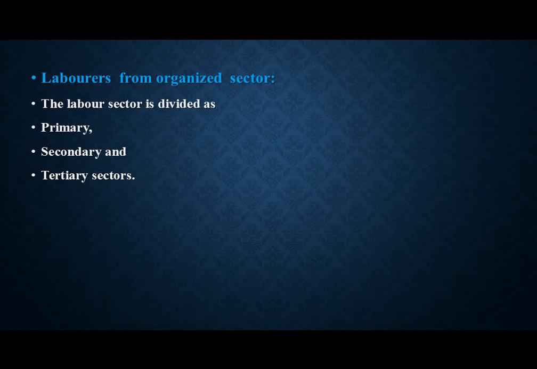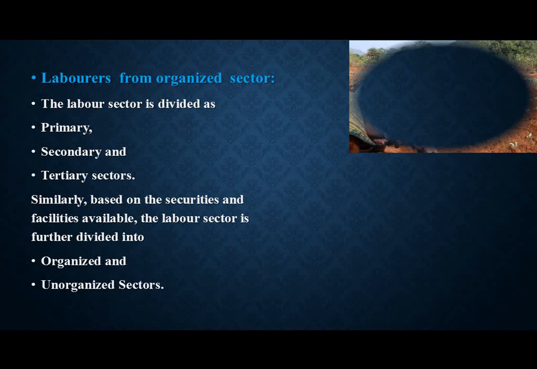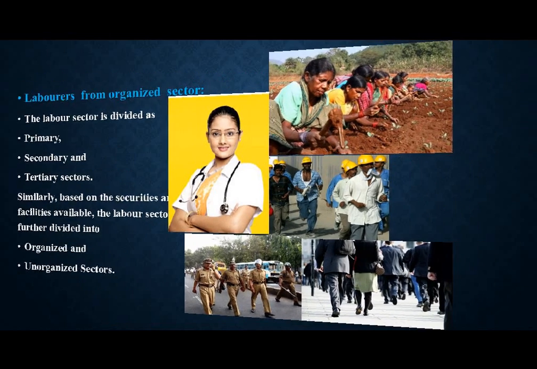The tertiary sector comes under insurance, teaching, all that, which you have already studied in 8th standard. I am just giving a quick recap. Similarly, based on the securities and facilities available, the labor sector is further divided into two types: one is the organized sector and another one is the unorganized sector.